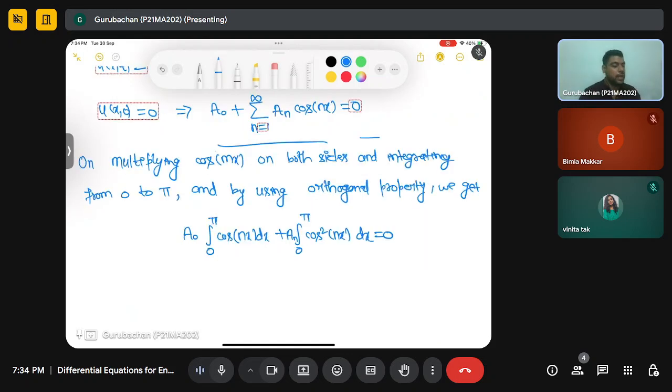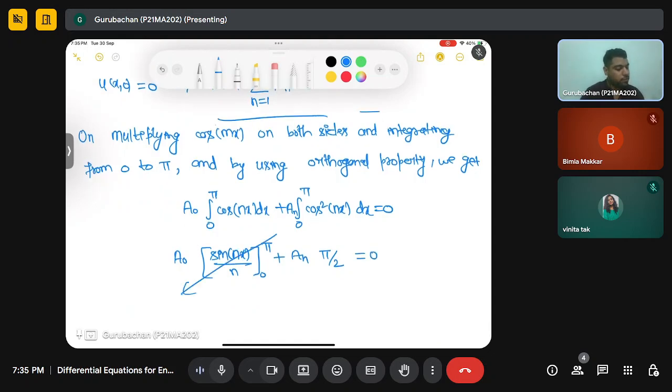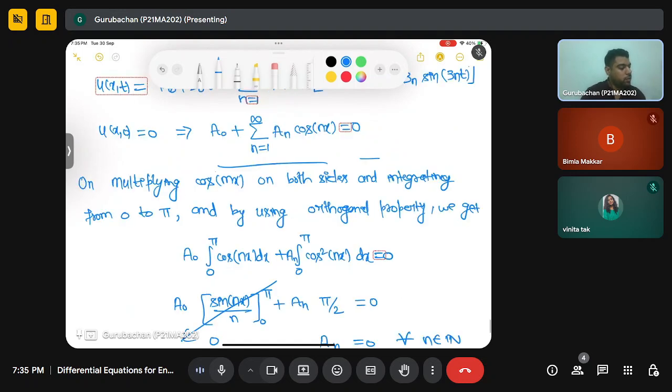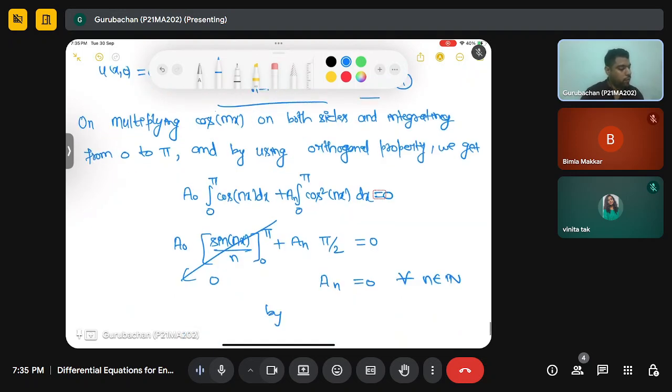And sin n pi is 0. So let me just solve it: a naught times sin nx divided by n from 0 to pi plus a n times pi by 2. This quantity will become 0, and from here a n is 0 for all natural numbers n, and from this one equation you can say a naught will also be 0.